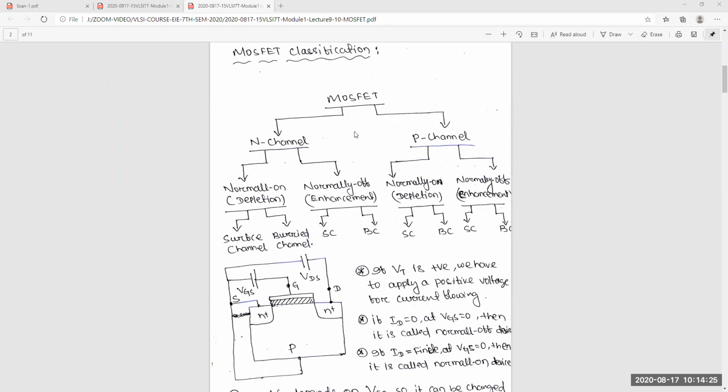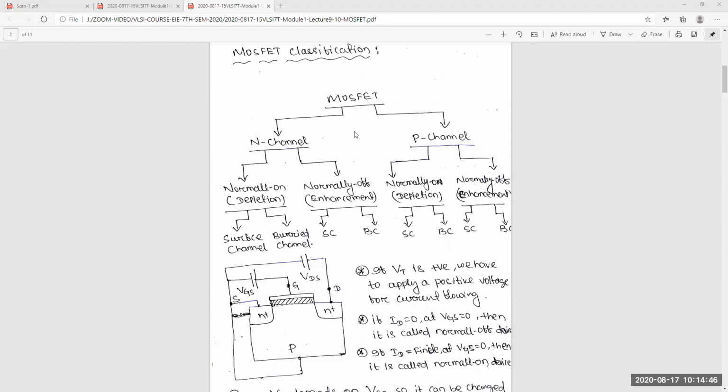That is the surface channel. But in a buried channel, what happens? We have to bury, meaning we have to dope some electrons or holes, so the channel extends downward.